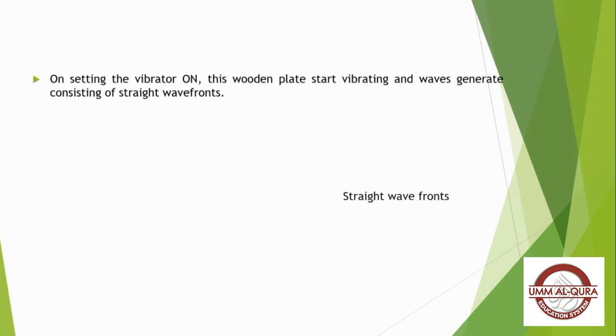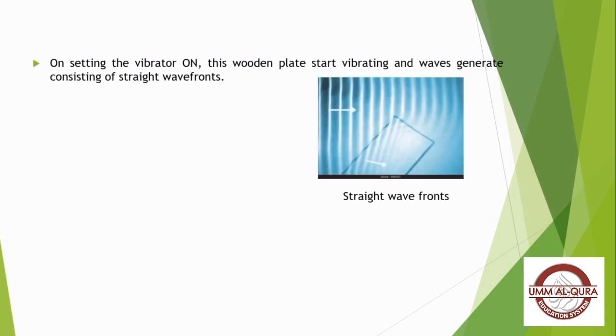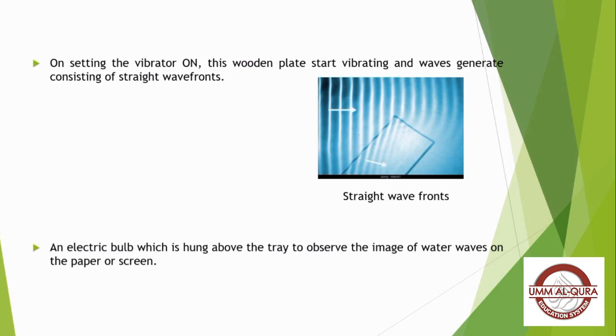Now the next step: on setting the vibrator on, the wooden plate starts vibrating and waves are generated consisting of straight wave fronts. The wave fronts are shown by a schematic diagram. An electric bulb is hung above the tray to observe the image of the water waves on the paper on the screen.